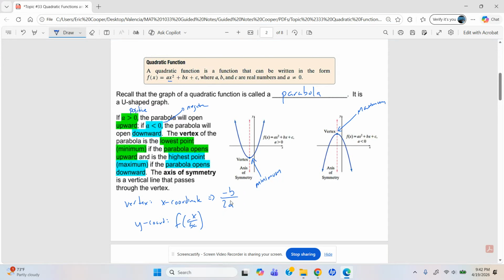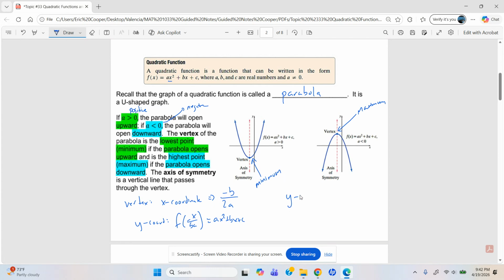So whatever I get here, I will find the function there and plug it into my ax squared plus bx plus c, and then that will end up being my vertex. My axis of symmetry will always go through my x-coordinate, so the way I find the vertex, this will also end up being the axis of symmetry.